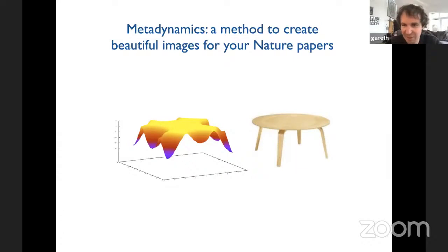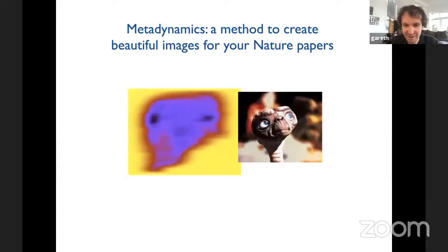You can make really nice pictures that look like things in the real world. So here, for example, you've got a free energy surface that looks like this IKEA table. Here, someone is trying to phone home and send you a message. The free energy surface looks a lot like ET.